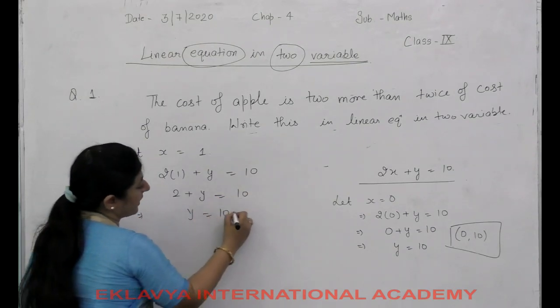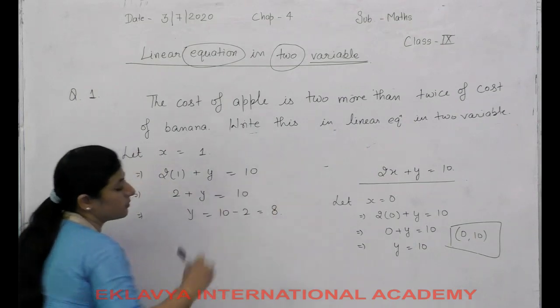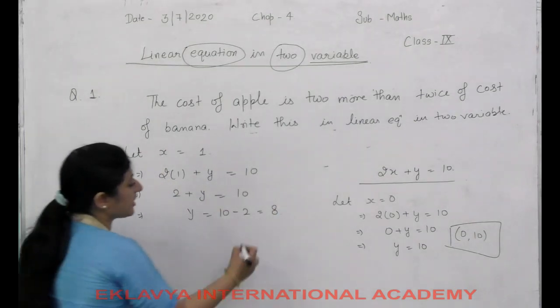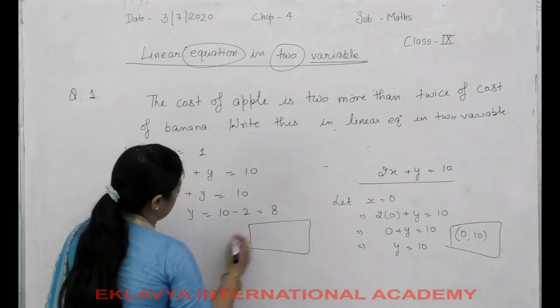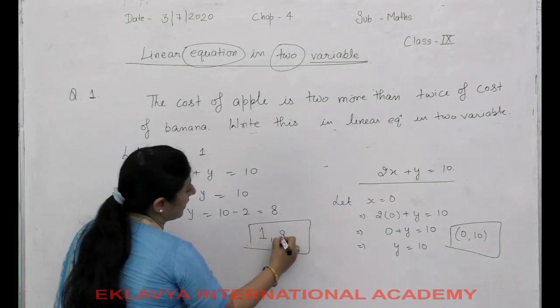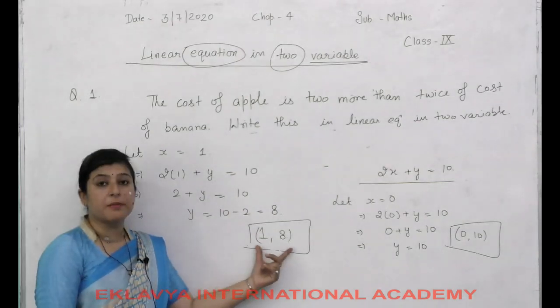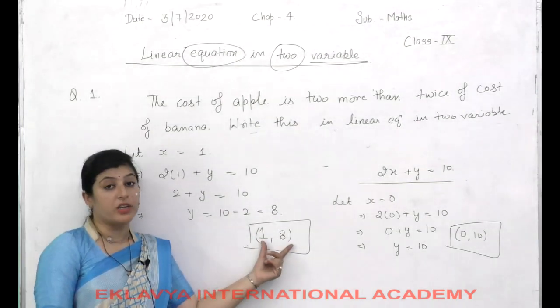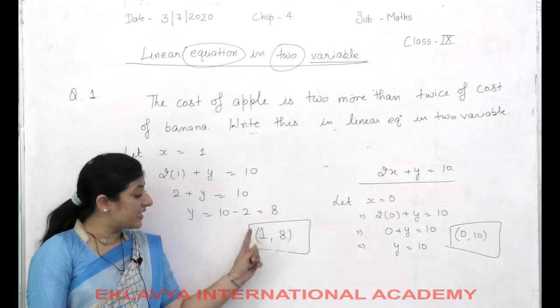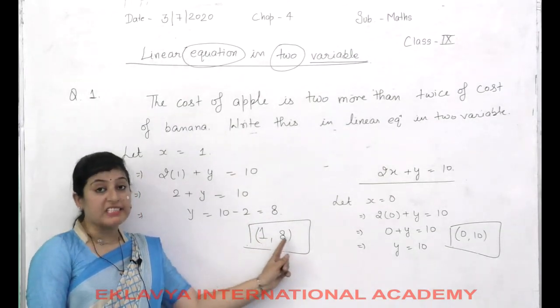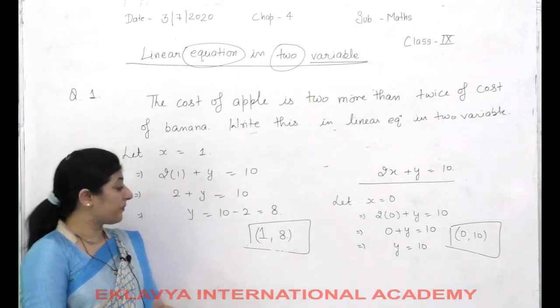Y is equal to 10 minus 2, which is 8. It means our solution is 1, 8. As already discussed in the third chapter, this type of pair is called an ordered pair, which represents the first value of x and the second value of y.